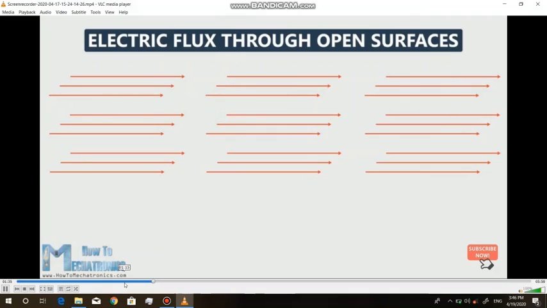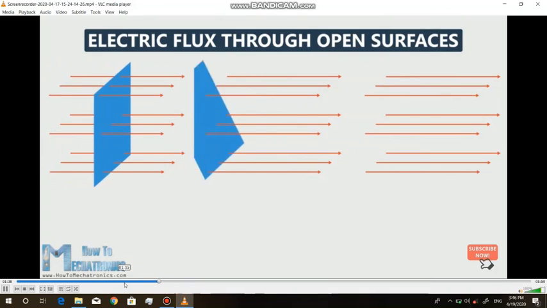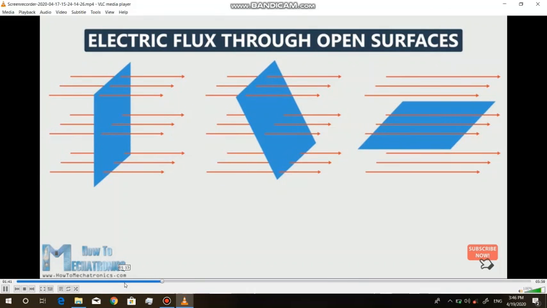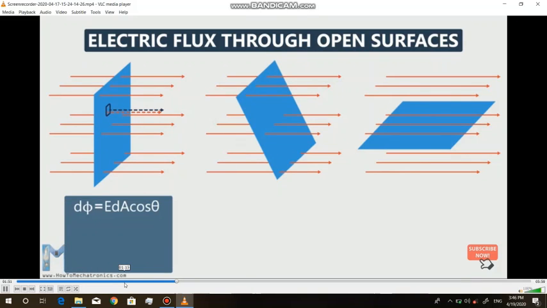To get the better understanding of what electric flux is, bring three rectangles in this electric field in different orientation. In first case, area vector is along the direction of electric field. Here theta is equal to 0 and cos 0 is equal to 1. Therefore, electric flux is equal to EdA.